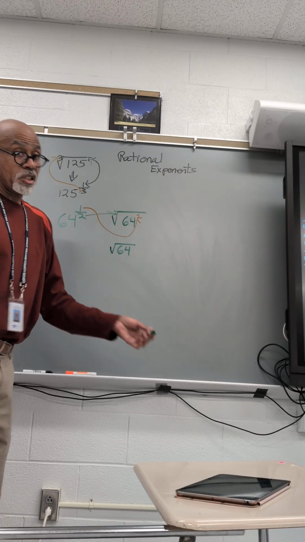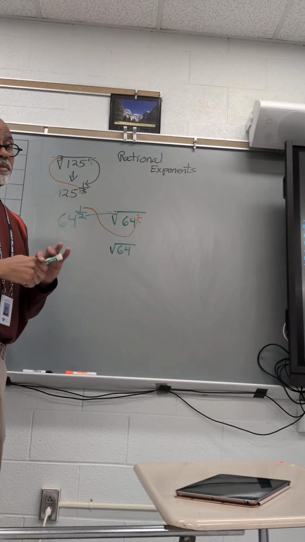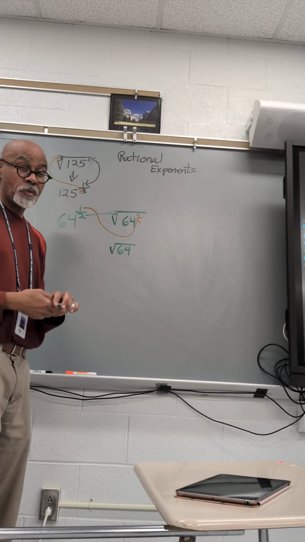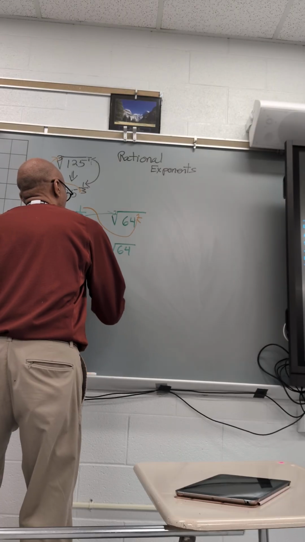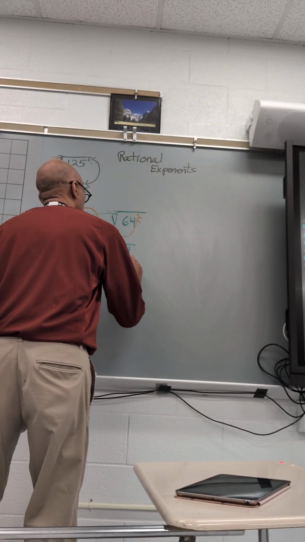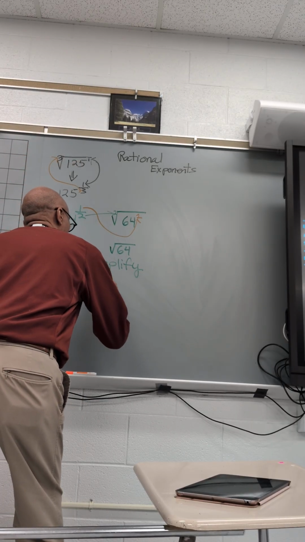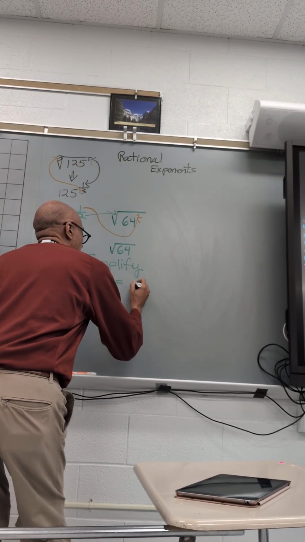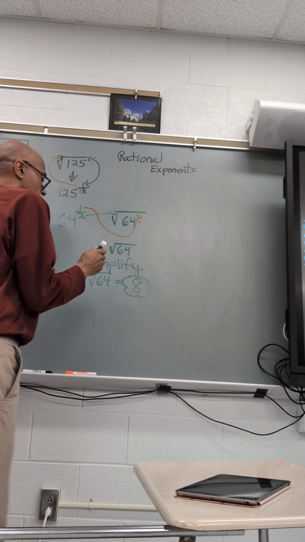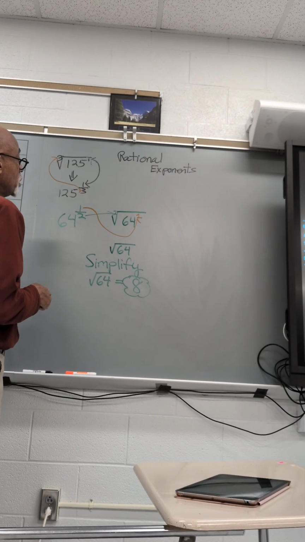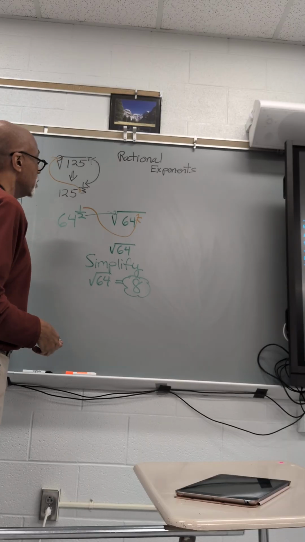When we're doing the square root, we don't put a 2 in there. And if we have to simplify this, we know the square root of 64 is a perfect square, and so that's 8. So hopefully you see that. Rational exponents, going from one to the other. Hopefully that'll help you to understand how that works.